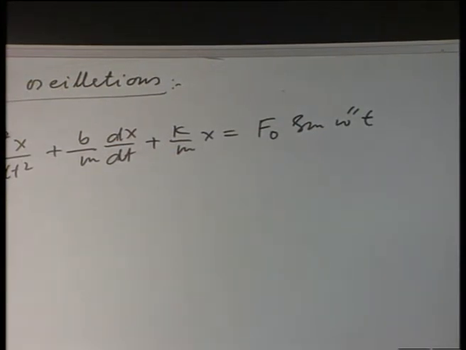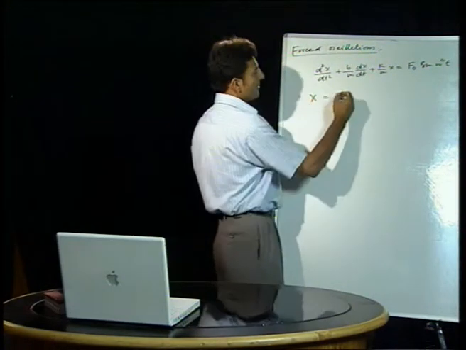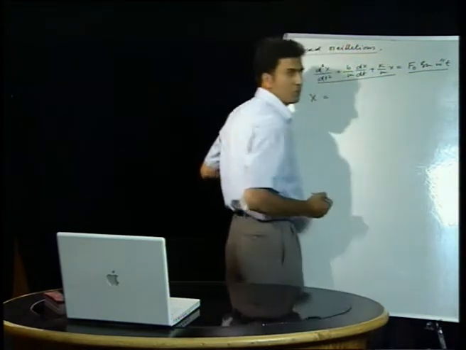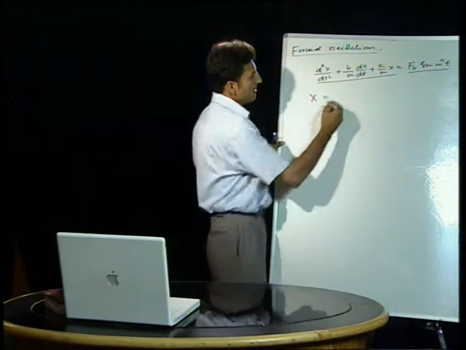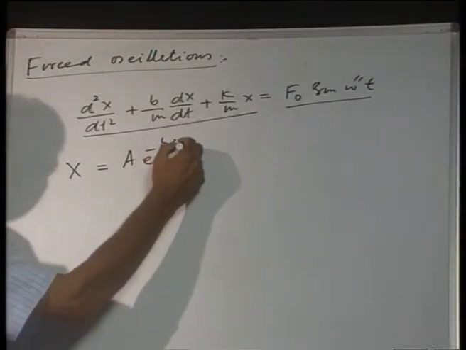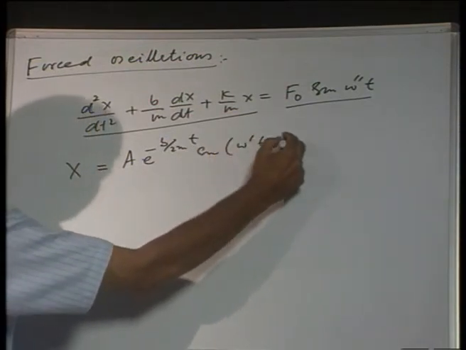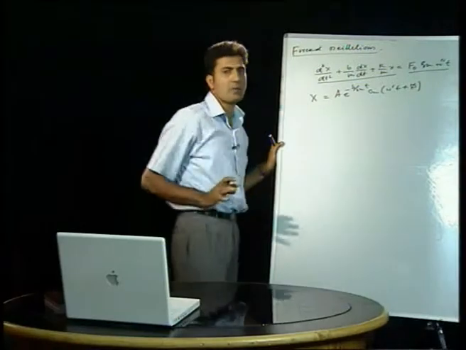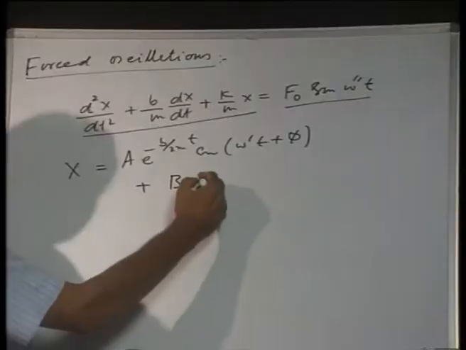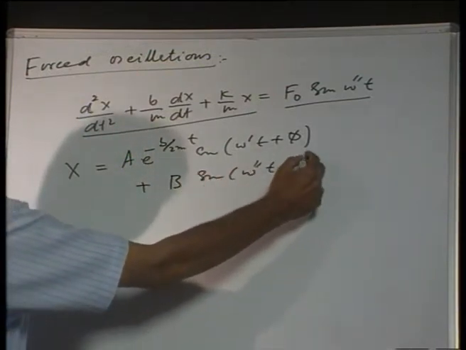Again, if I find a solution, the solution x has a damped part and a forced part. The damped part of the solution is what we have already found, that is a e raised to power minus b by 2m t sine omega prime t plus phi. This is the damped part of the solution plus the forced part of the solution, that is b sine omega double prime t plus delta.